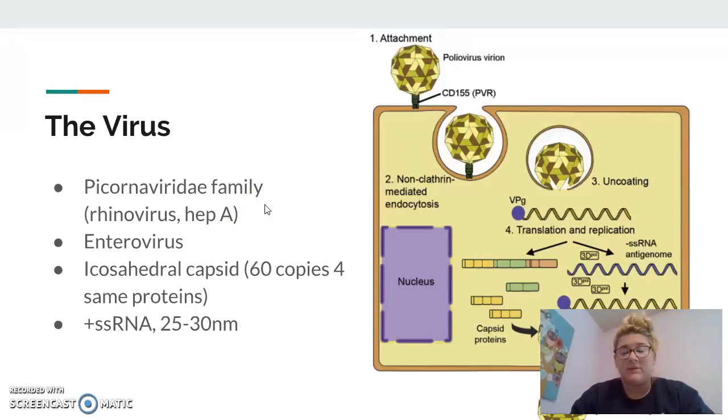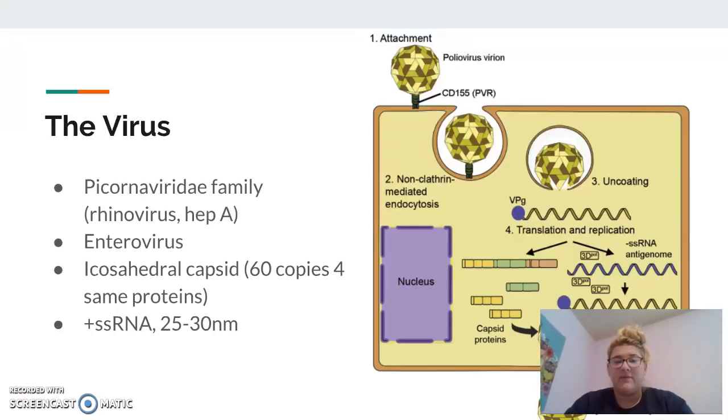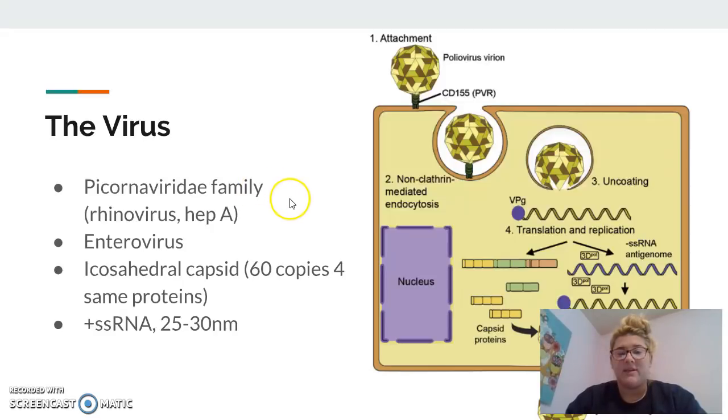Transmission is typically fecal-oral, and the virus is able to replicate in the throat, and when it passes down into your stomach, because it can withstand that low pH, it'll live through all that stomach acid and then continue on into your gastrointestinal tract and also replicate there. And that's when it starts to feed into your bloodstream and get into your central nervous system, and it starts to destroy those cells.